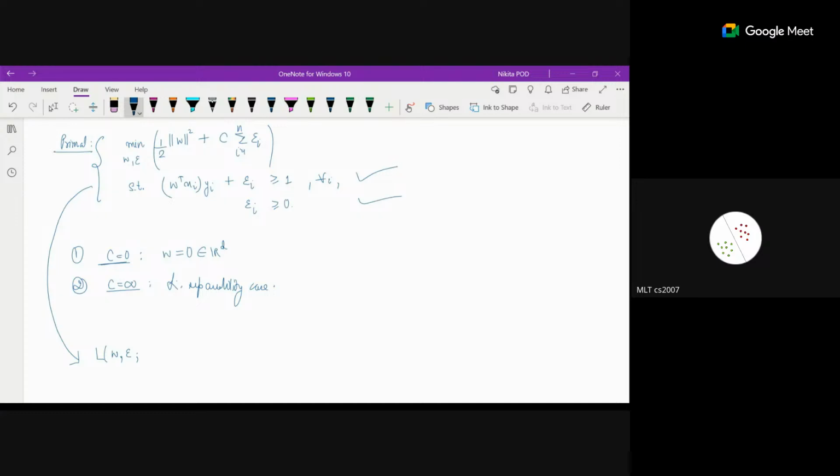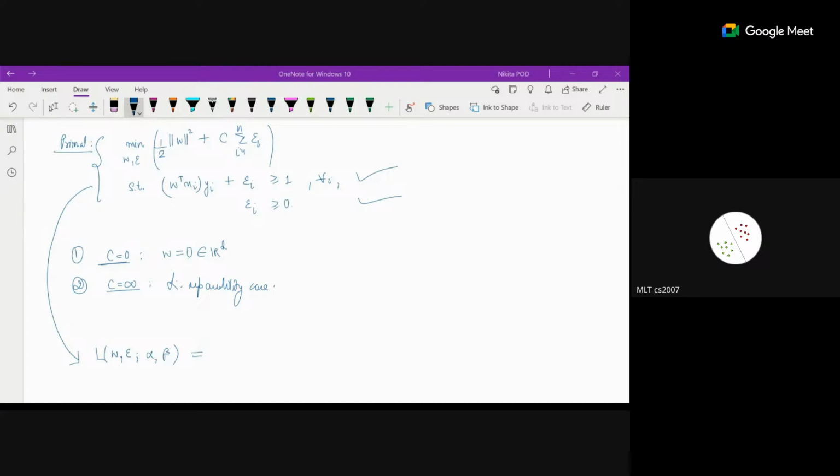For each of these constraints you will get a multiplier, some alpha_i and some beta_i. So what will the Lagrangian function become?